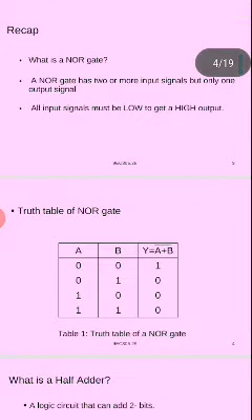All input signals must be low to get a high output. This is about the NOR gate.